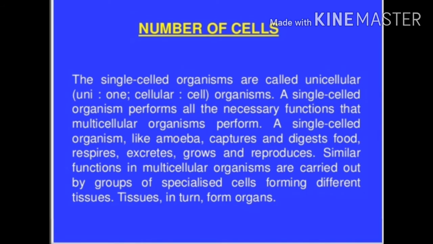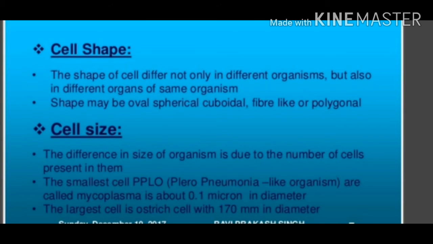Organs in turn form organ systems. Cell shape. The shape of cells differs not only in different organisms but also in different organs of the same organism. Shape may be oval, spherical, cuboidal, fiber-like or polygonal.